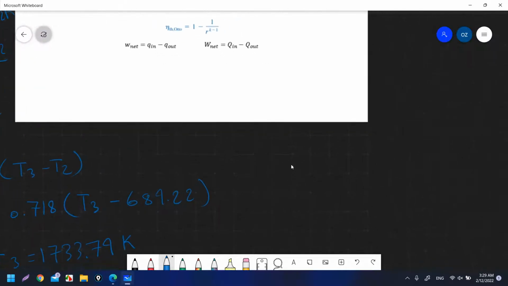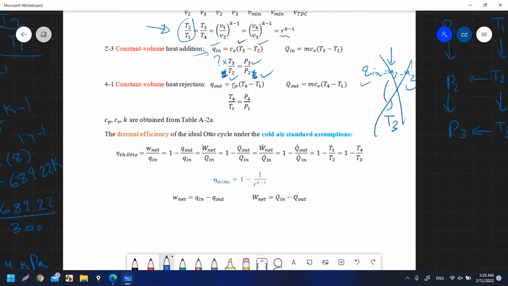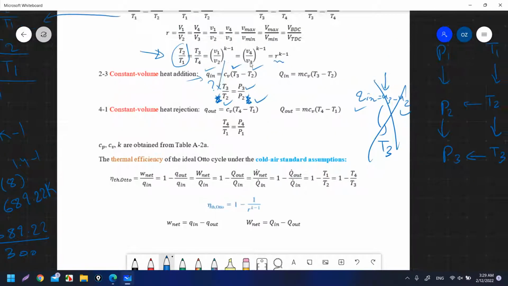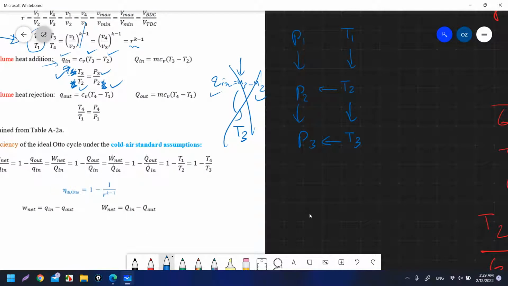Okay, and finally I can finish part A and find P3. I have P1 and T1. I found T2, and from T2 I got P2. Then I found T3, and from T3 I got P3. So T3 over T2 equals P3 over P2.